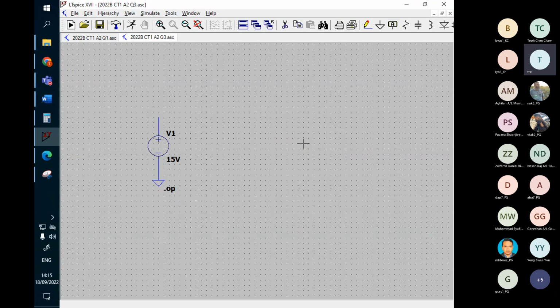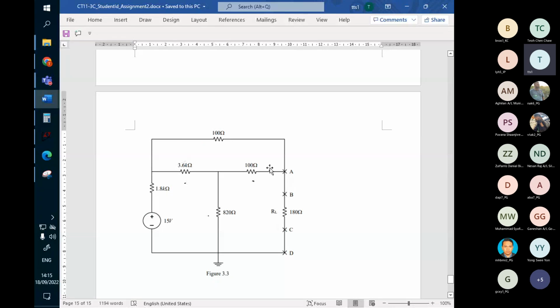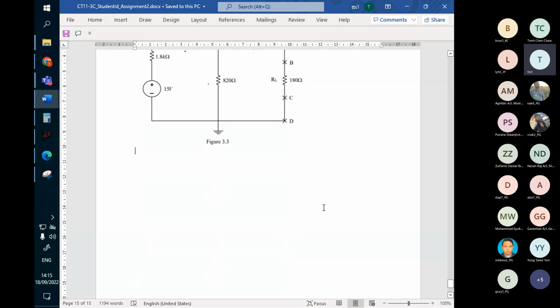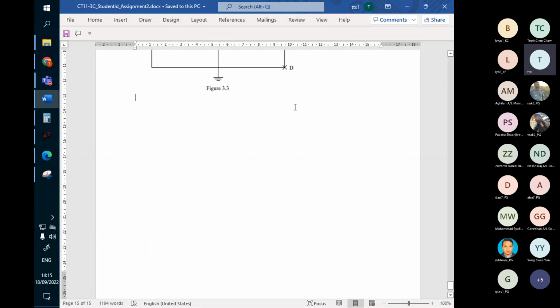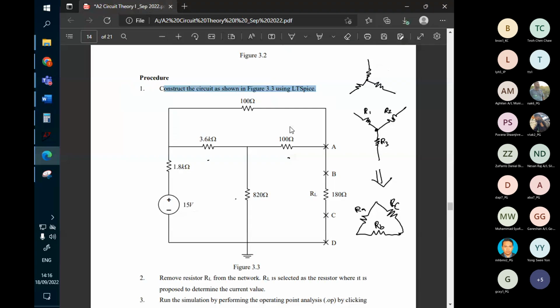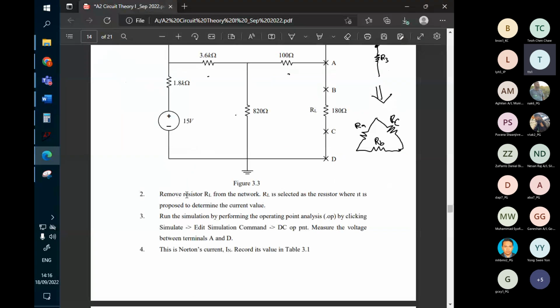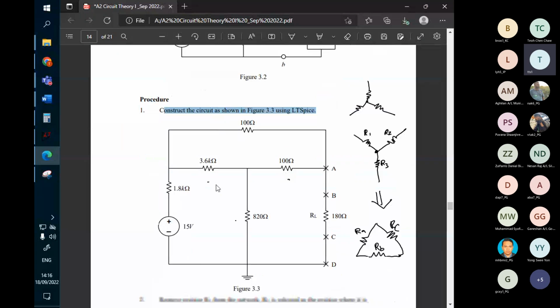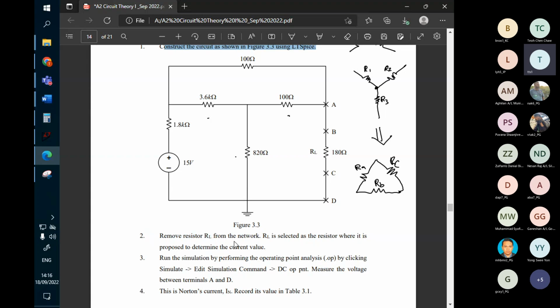All right, then we need the resistor network. Do we need to keep the 180 ohm? Let me see. Remove RL from the network, then we determine the current.